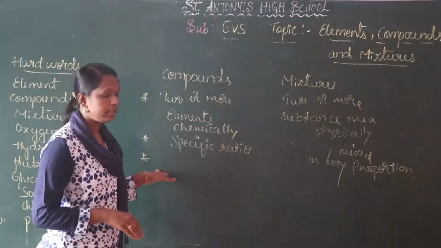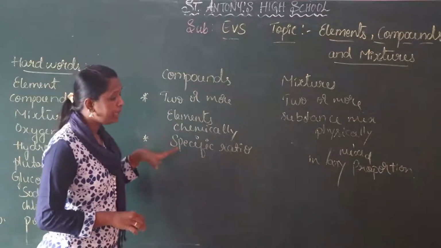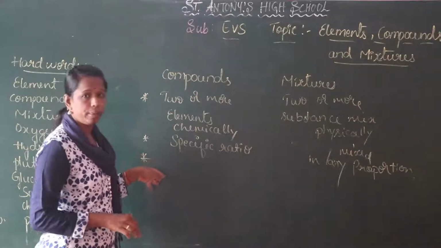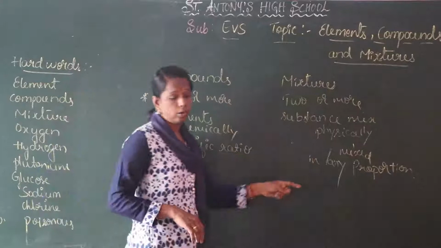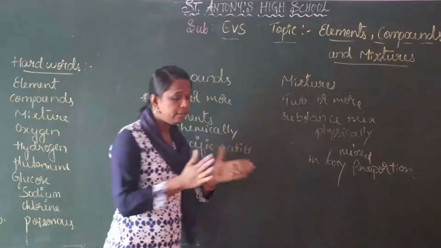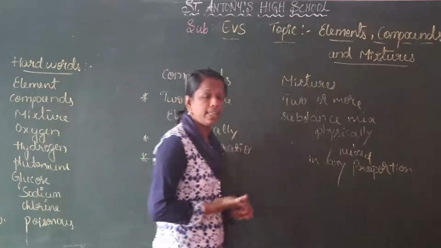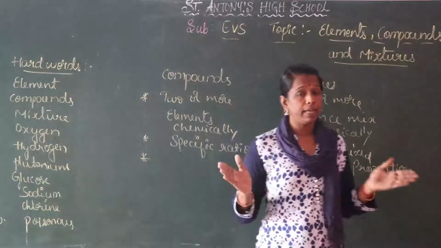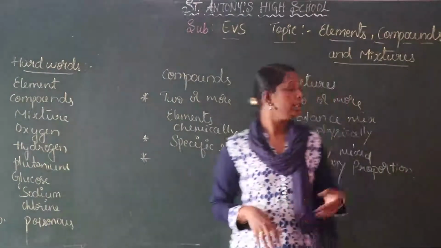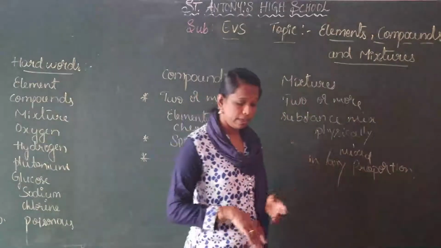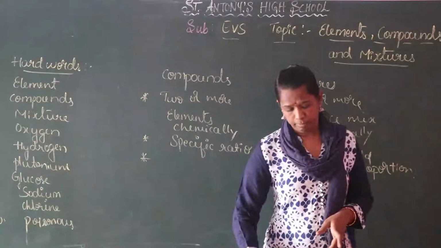Third, in mixtures the substances retain their original individual properties. Fourth, a compound can be separated by a chemical reaction, while a mixture can be separated by a simple method.